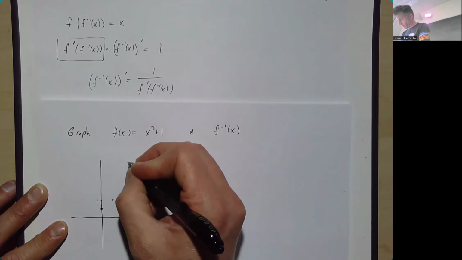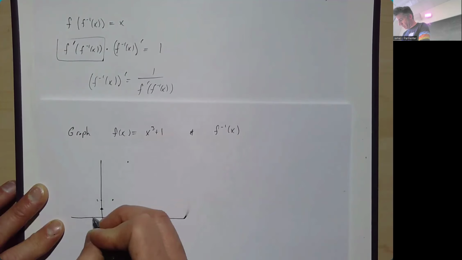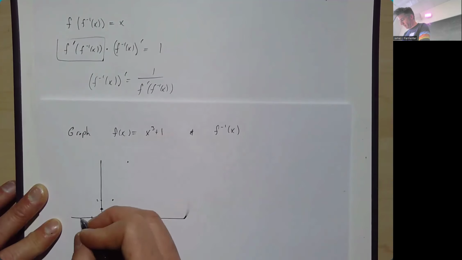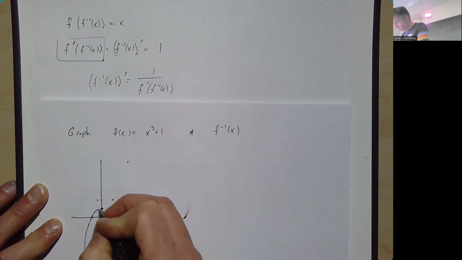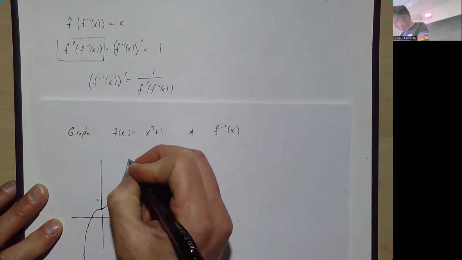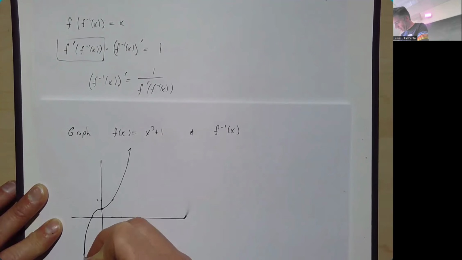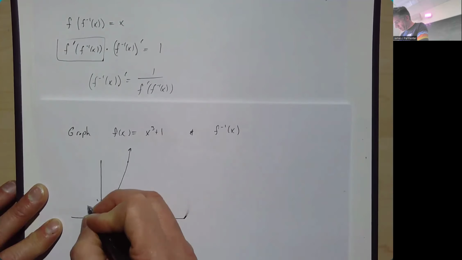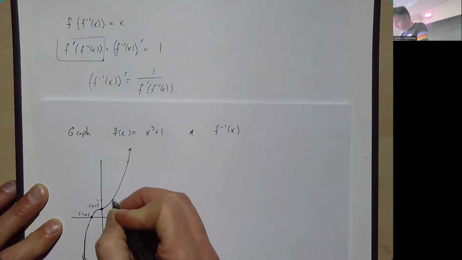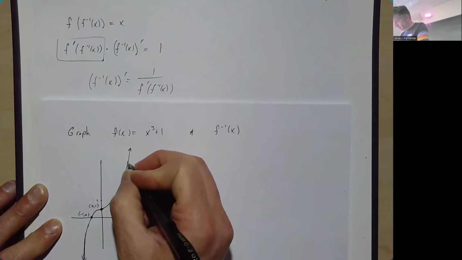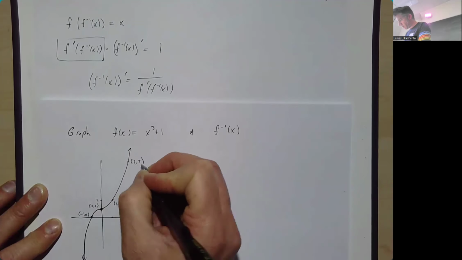And then I also have the points negative 1, 0, and negative 2, negative 7. So it'll look kind of like this. Not the best graph ever, doesn't need to be. So I've got 0, 1, negative 1, 0, 1, comma 2, and 2, comma 9.